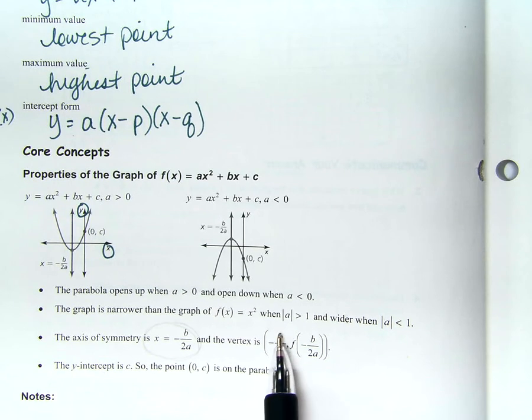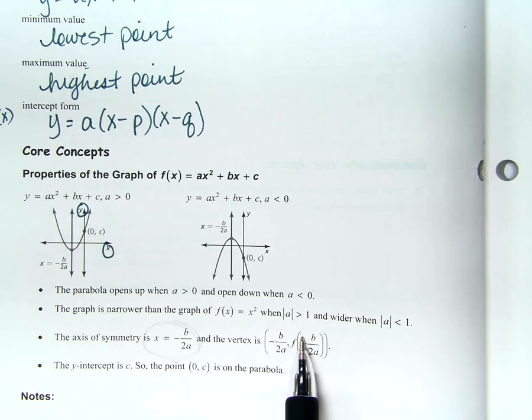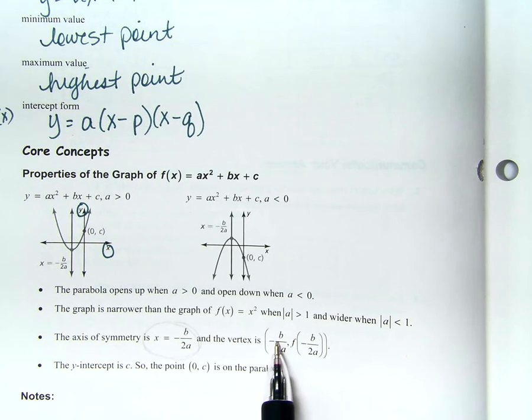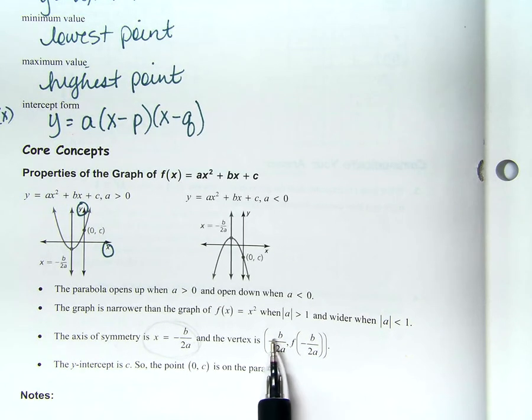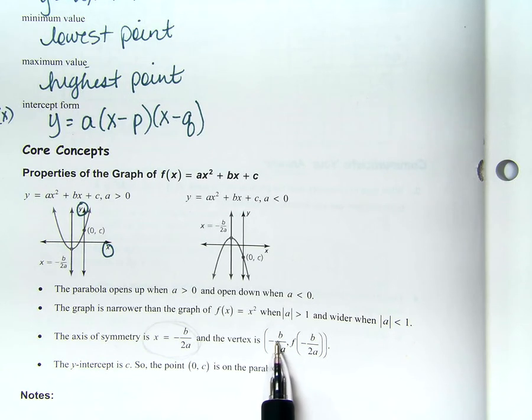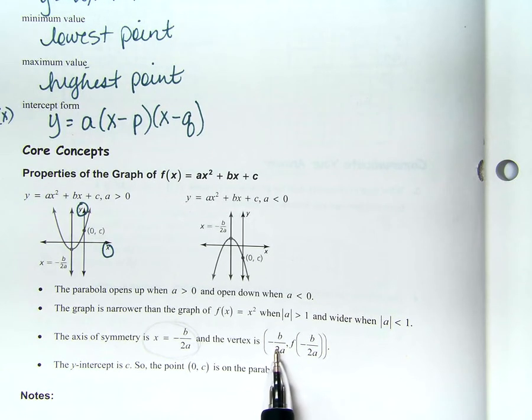In a point, what do you have? An x and a y. Guys, if I know my x value, how in the world do I find my y value? Yeah, you plug it in, don't you? If I know what x is, and x isn't going to be all messy and ugly like this, right, with letters. It's going to be like 4 or a half or something like that, right?